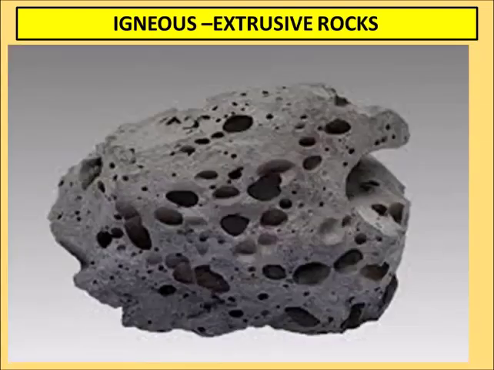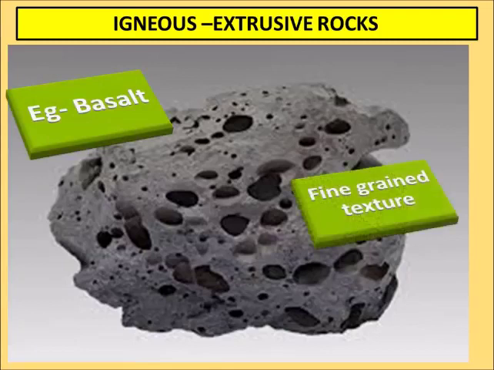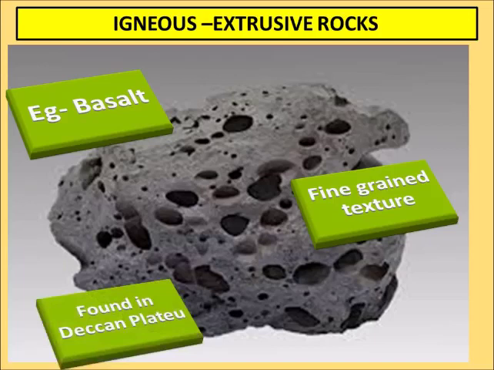Next is an example. This is an example of extrusive rock, basalt. It has a fine-grained texture, and it is mostly found in the Deccan Plateau of India. You have witnessed that the soil of Maharashtra and Karnataka is black in color. It is just because it has been formed by volcanic eruption.